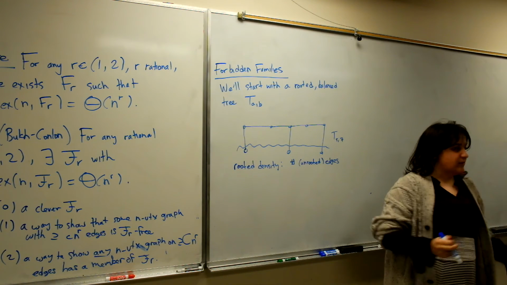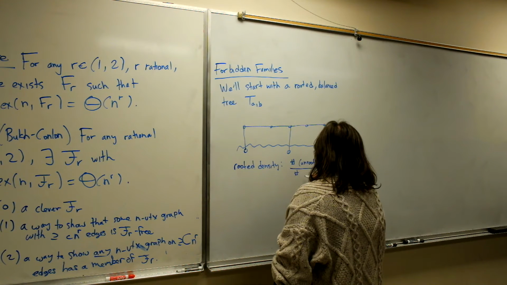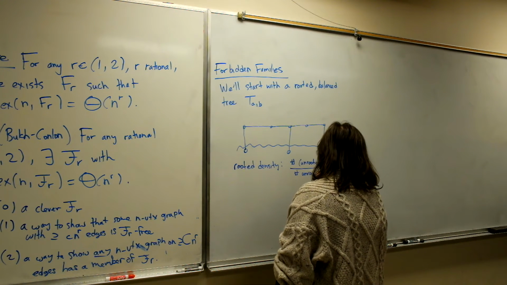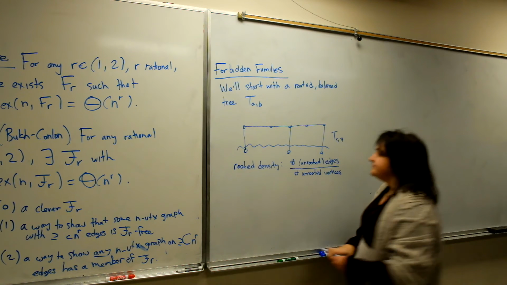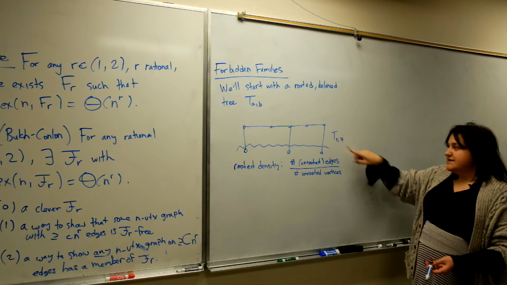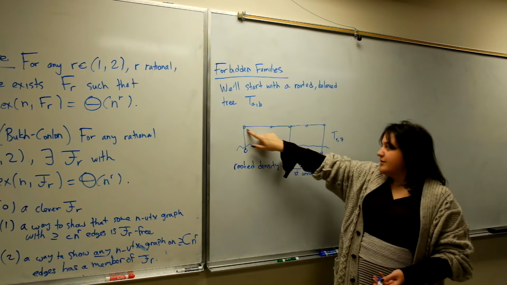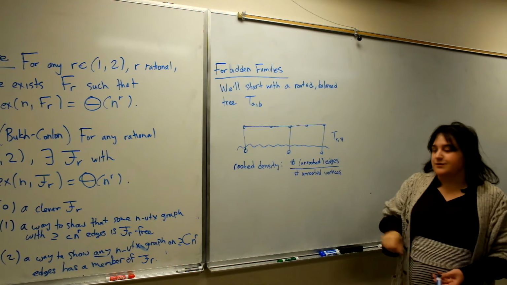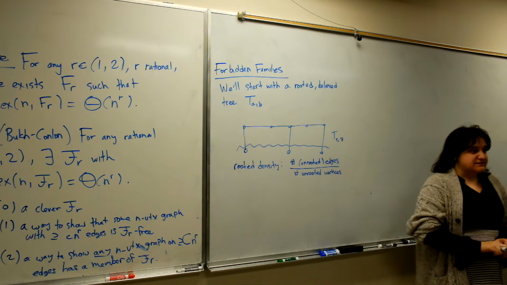It doesn't have to be that way. Divided by the number of unrooted vertices. T5,7, you can read off of its density very nicely here. We have 1, 2, 3, 4, 5 unrooted vertices, 7 edges. So this thing has density 7/5.